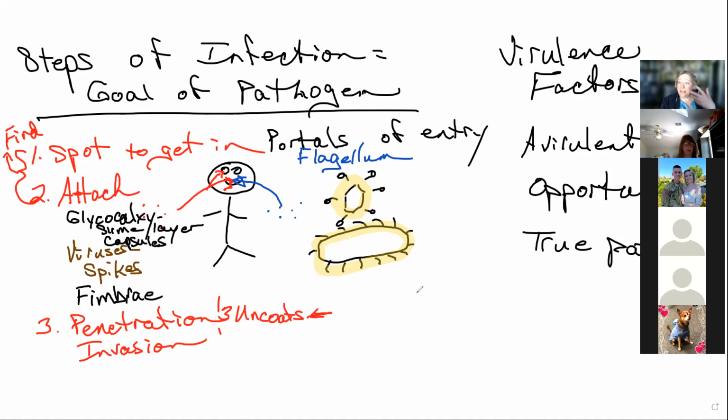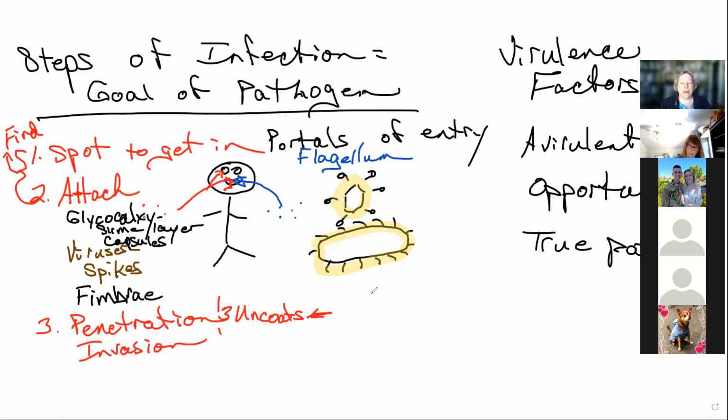It needs to get past your intestinal lining into your bloodstream to cause bloody diarrhea, which is dysentery. Do you ever hear about dysentery? Yeah, that's what they're talking about. It's bloody diarrhea. Yay, right? So it penetrates, gets into, invades the lining of your intestines, and of course, that's going to cause bleeding.